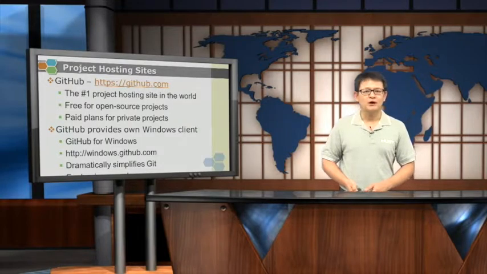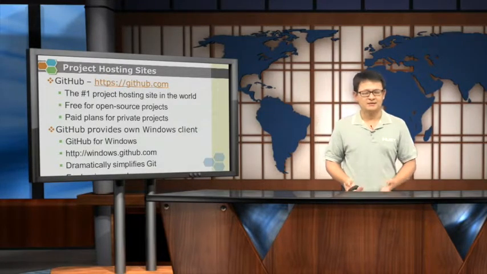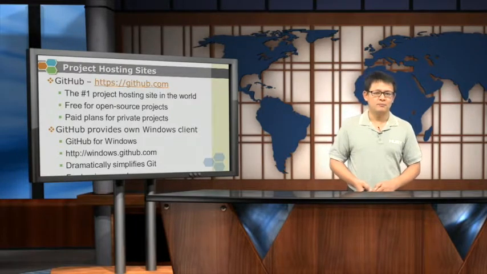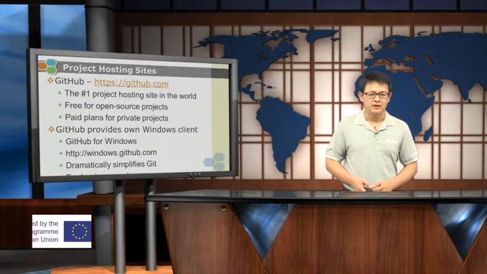For project hosting sites, you can have GitHub. It's one of the most popular project hosting sites for version control. It's free for open source projects, but for private projects, users have to pay.